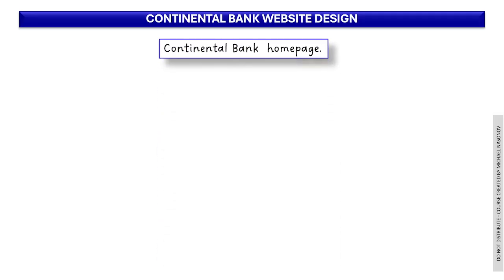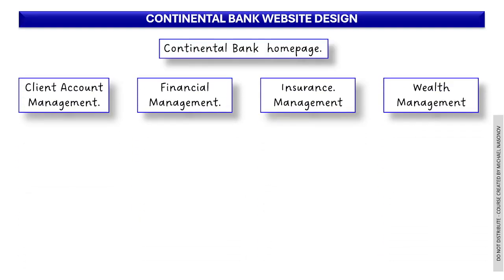After analysis, a group of full-stack web developers, let's say, came to the following solution. The Continental Bank web homepage, under which there are four main sections: client account management, financial management, insurance management, and wealth management.